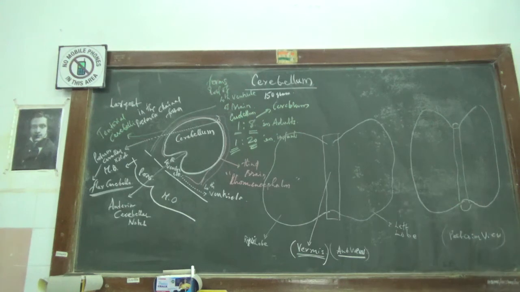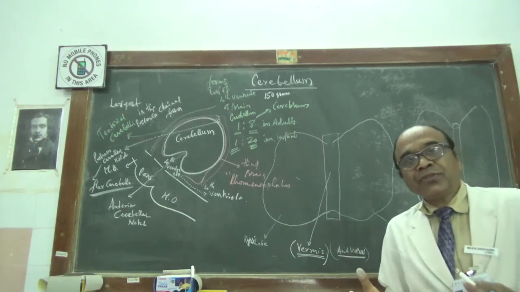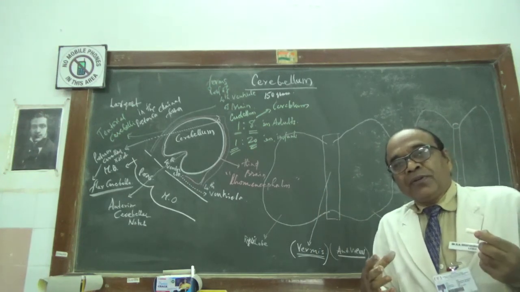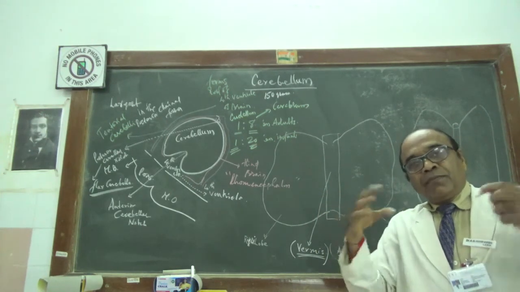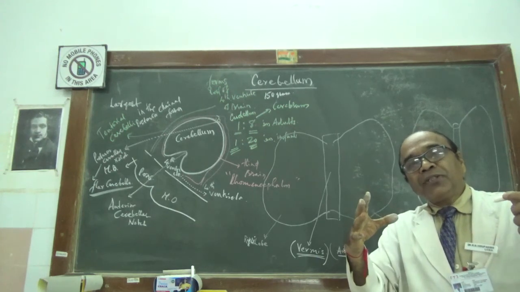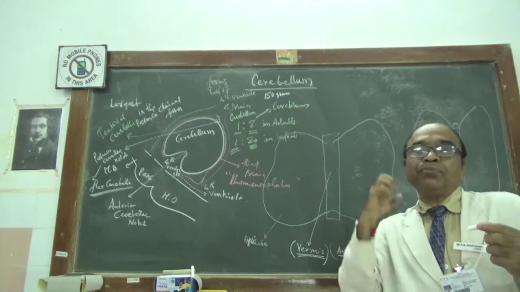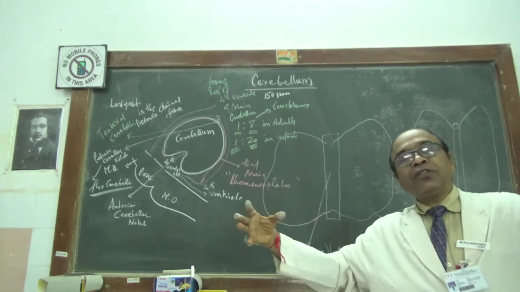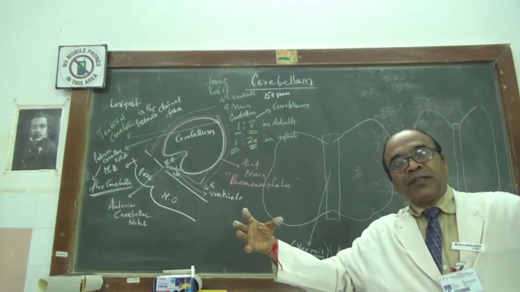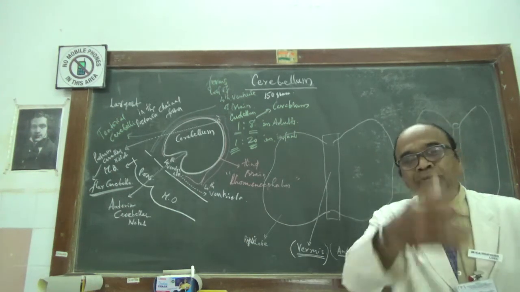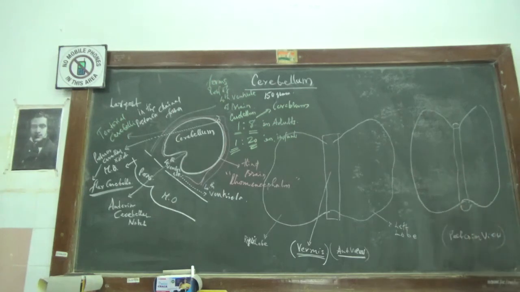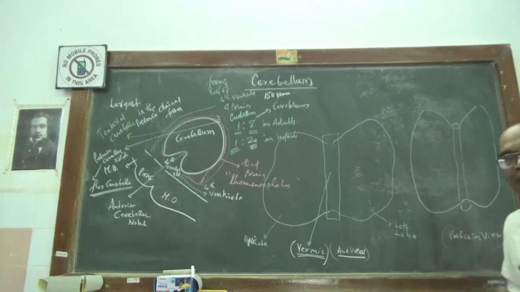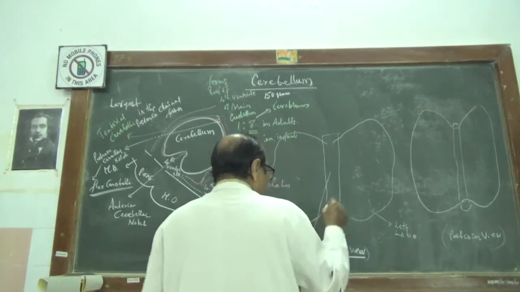To have a better understanding of this, I may give an example. Take a balloon completely filled with air and put a rubber band around it. You will get two bulged portions, one right and one left, and where that band is, that may be taken as the vermis. So this is how you can get an idea. Now this is the vermis.